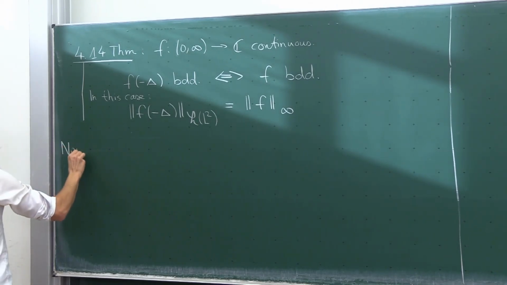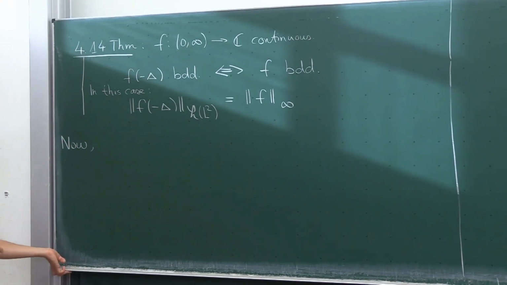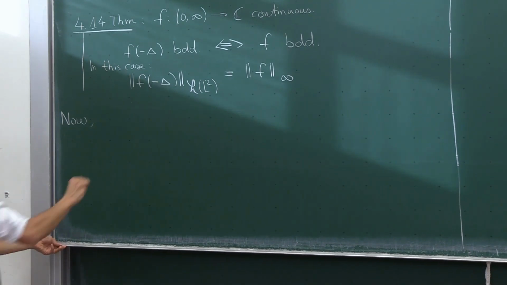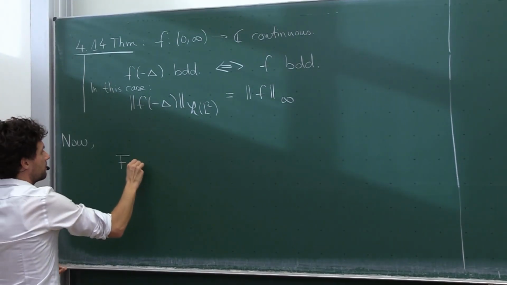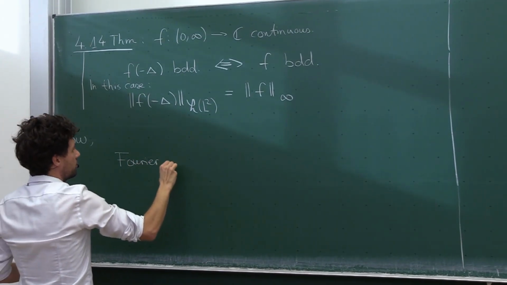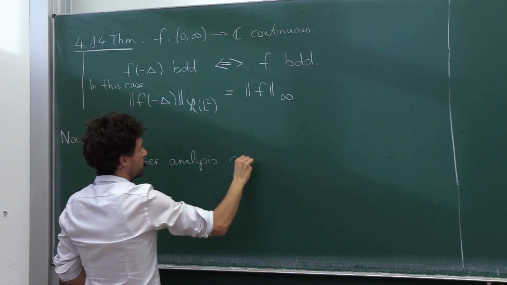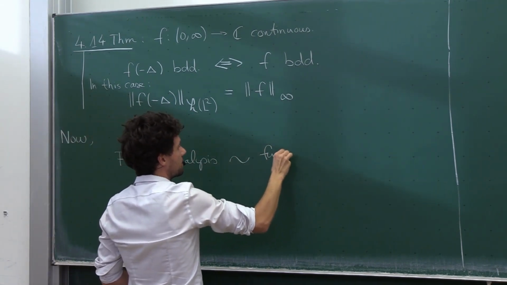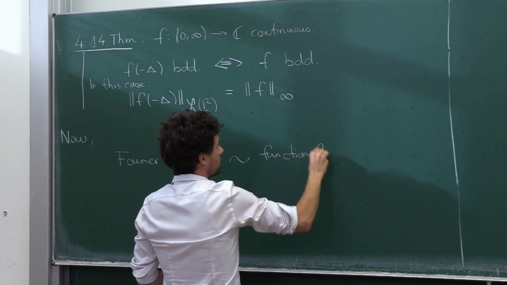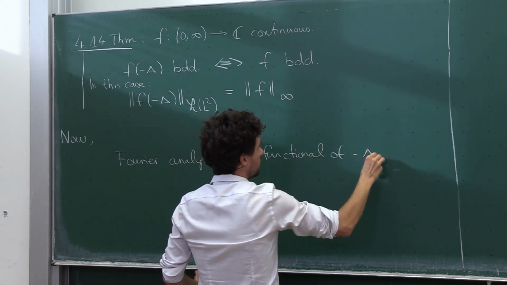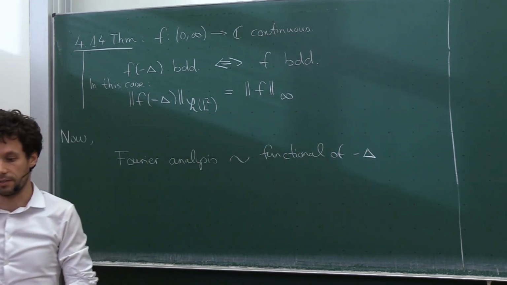Okay, so now I want to get some further insight into how Fourier analysis relates to functional calculus of the negative Laplacian in L2.